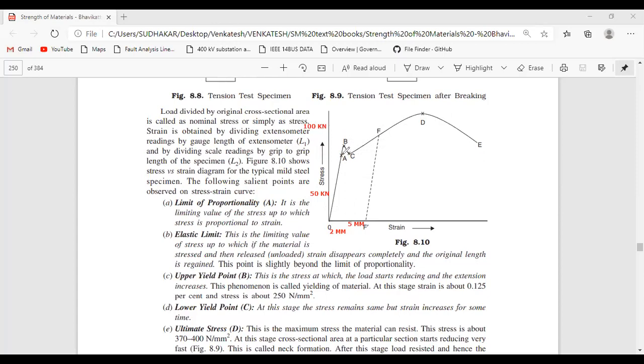This is the load corresponding to a particular point. While we apply 50 kilonewtons of force, we get only 2 mm deflection. While we apply 100 kilonewtons of load, we get only 5 mm deflection.